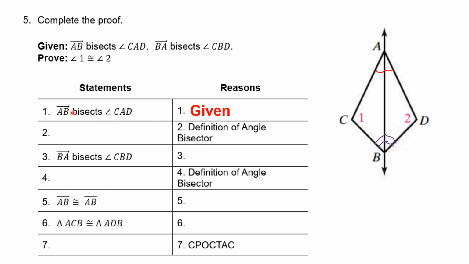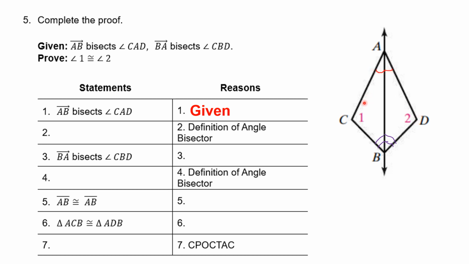All right, so if AB bisects angle CAD, then by the definition of an angle bisector, what do we know? We know that that created those two little congruent angles, right?